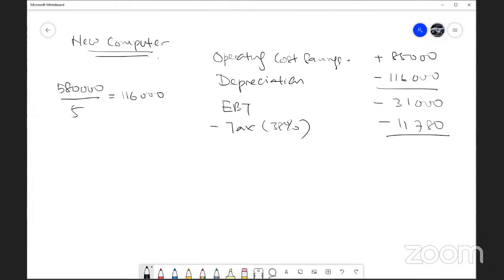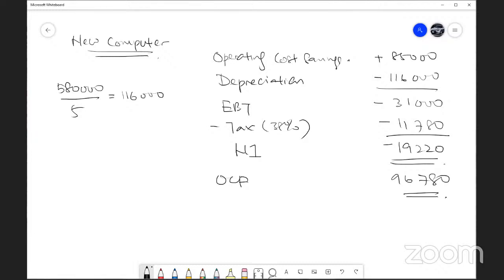So this becomes negative 19,220 only. This is your net income. But we are not done yet. You want to count your OCF. OCF is net income plus depreciation. Negative 19,220 plus $116,000, you get 96,780. This is your operating cash flow for your new computer.